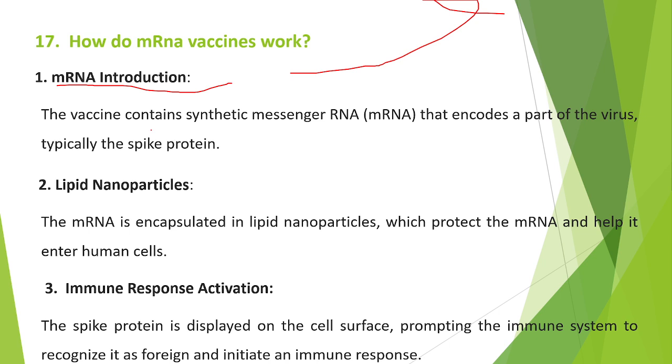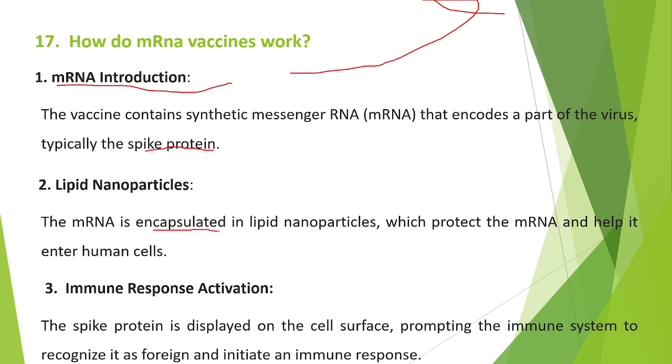The vaccine contains synthetic messenger RNA that encodes a part of the virus, typically the spike protein. Then we have the lipid nanoparticles. The messenger RNA is encapsulated in the lipid nanoparticle, which protects the messenger RNA and helps it to enter human cells.